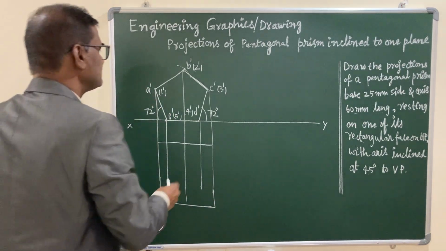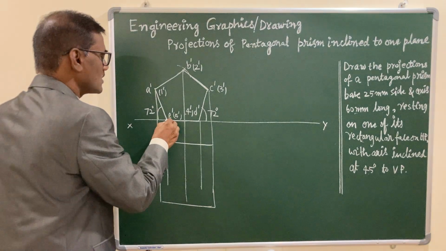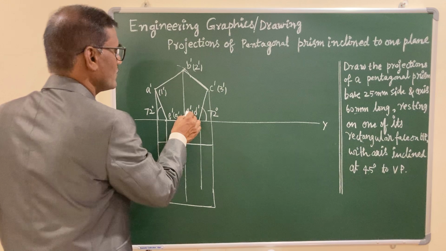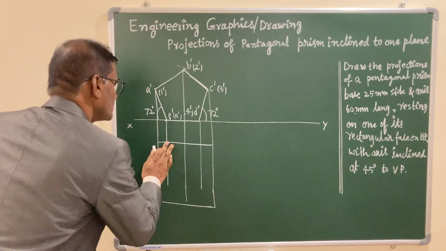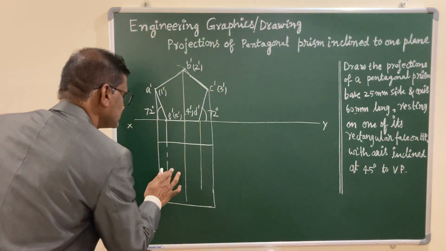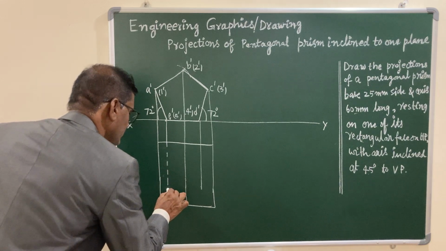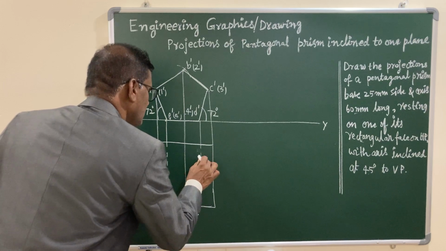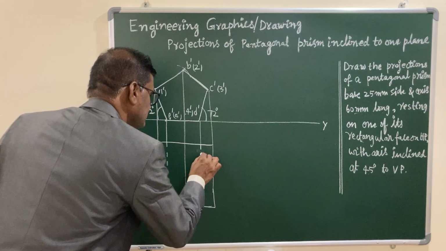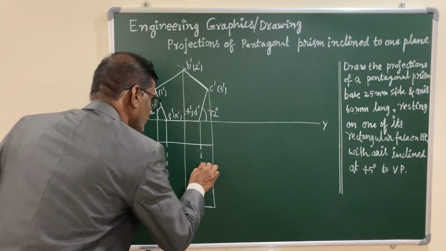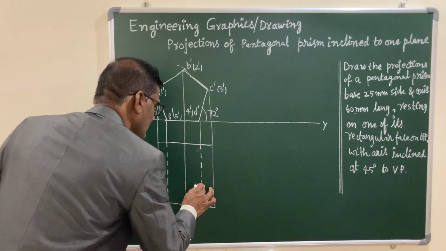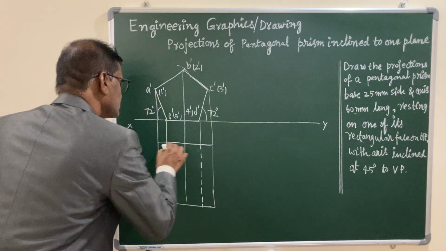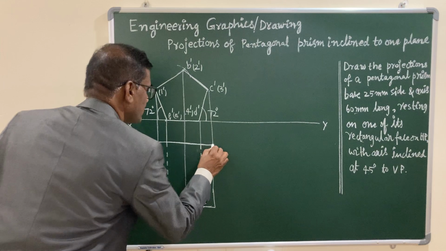Observe carefully from the top view that the longer edges E5 as well as D4 are both hidden, so you have to mark them with a dashed line. You have to use an HB pencil.